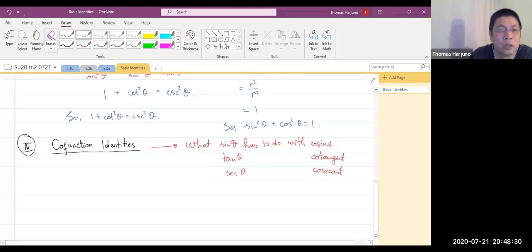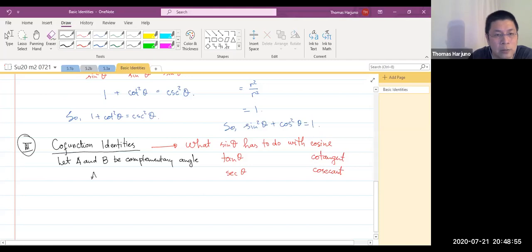Now, the identities are, first, let A and B be complementary angles. It means those two angles add up to 90 degrees.